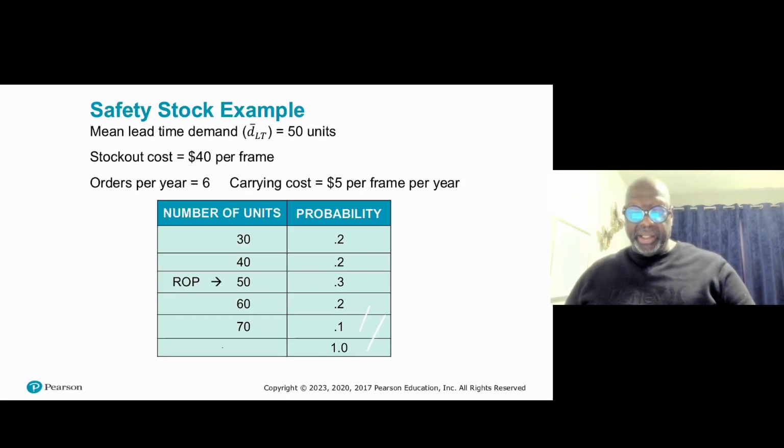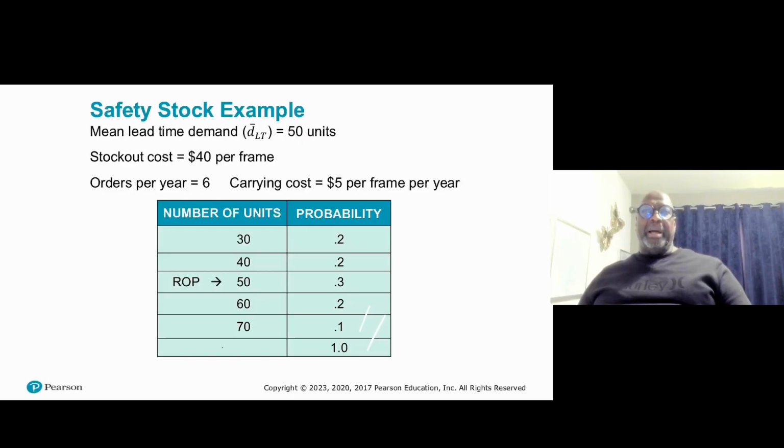Okay, so here's an example. We're looking at 50 units as the mean demand during the lead time. Stock out cost is $40. Orders per year is 6. Carrying cost is $5 per frame per year.